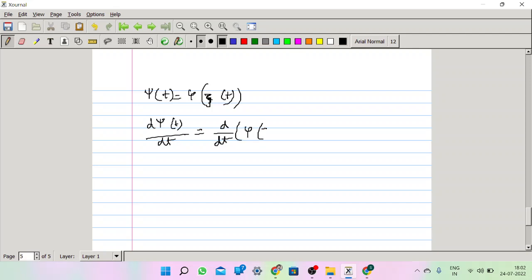d/dt of phi of xi t. This is xi. So here I will first differentiate with respect to xi t, and then I use the chain rule.